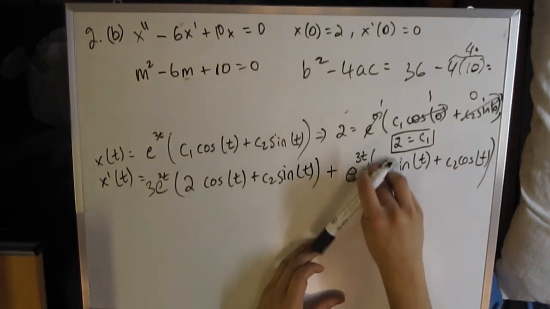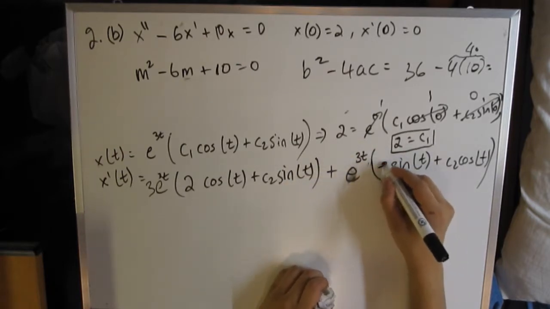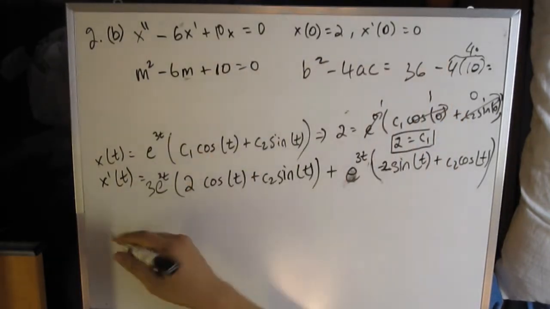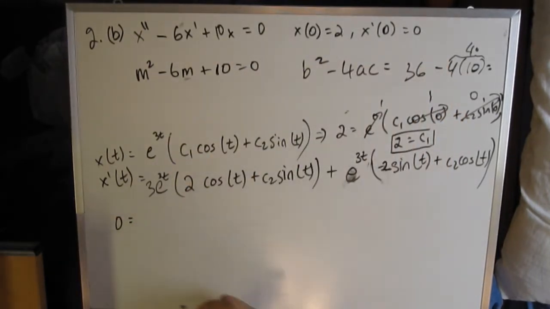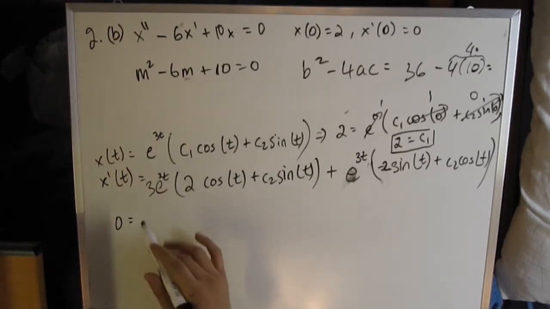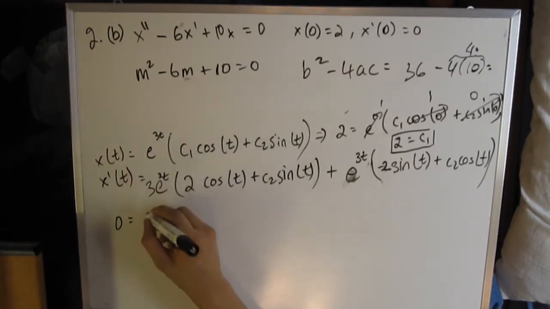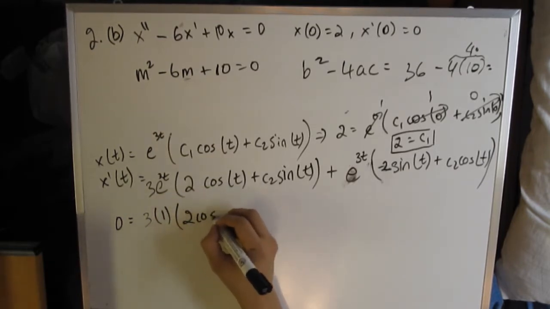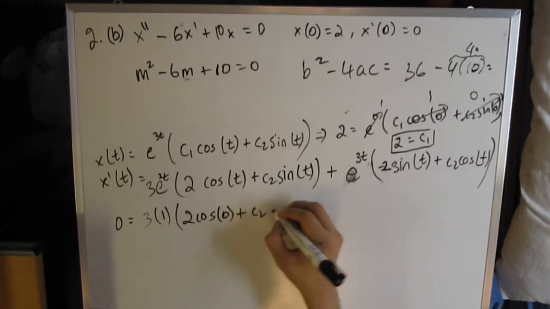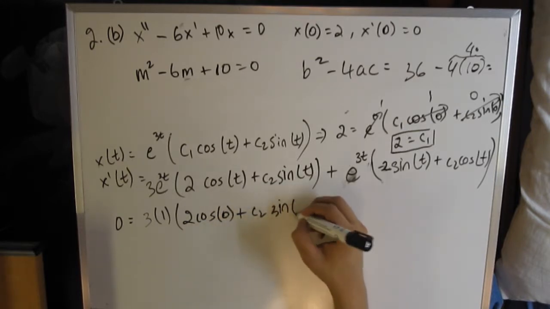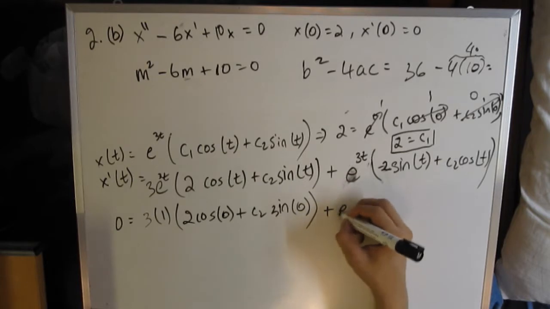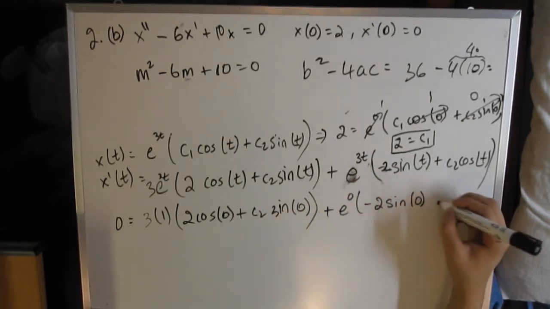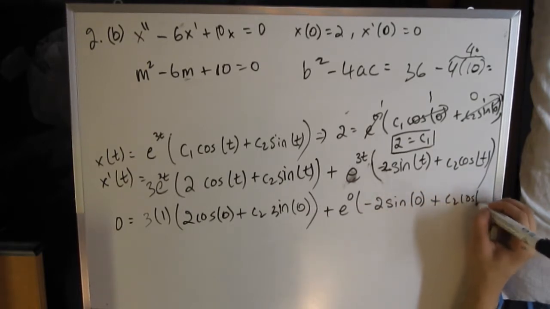Negative 2 sine t. And now we're going to go ahead and substitute this in here. So our derivative is equal to 0 when t is equal to 0. So again, this is just going to be 3 times 1 multiplied by 2 cos 0 plus c2 sine 0, plus e to the 0, times negative 2 sine 0 plus c2 cos 0.